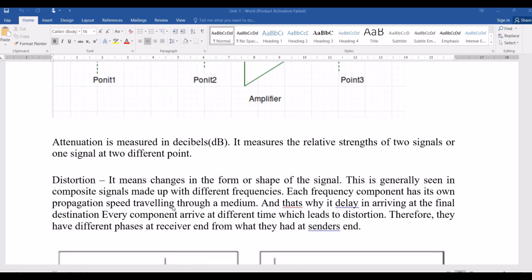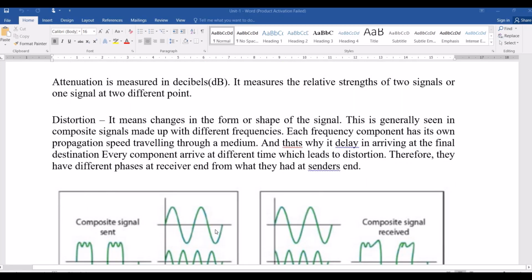Then the next one is distortion. What is distortion? It means a change in the form or shape of the signal. So it can change the signal formation, whether it is a digital signal or an analog signal, it distorts the signal. This is generally seen in composite signals made up of different frequencies.